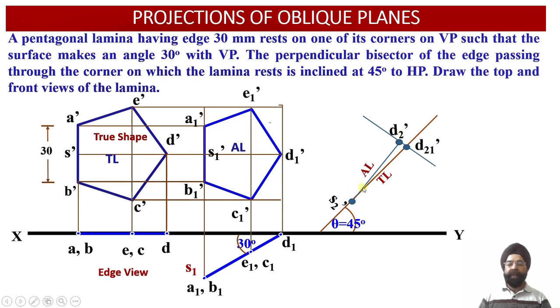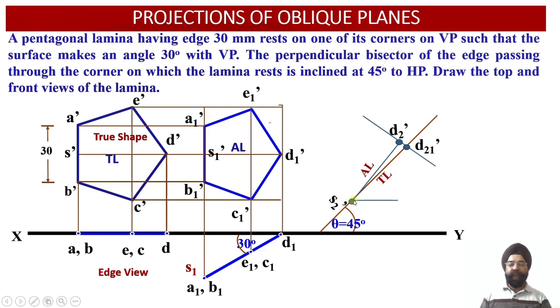So the moment we mark this apparent length between this locus line and this point, that is S2 dash, we are able to obtain the angle of inclination of this apparent length with respect to the horizontal plane. And we know that angle alpha will be greater than angle theta, because the apparent angles are greater than the true angles of inclination.